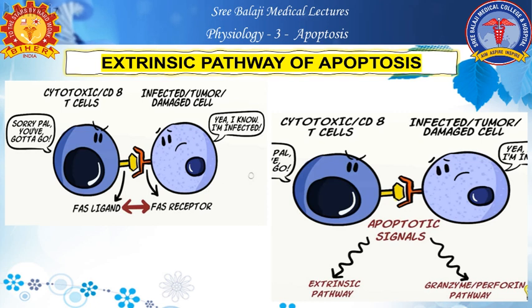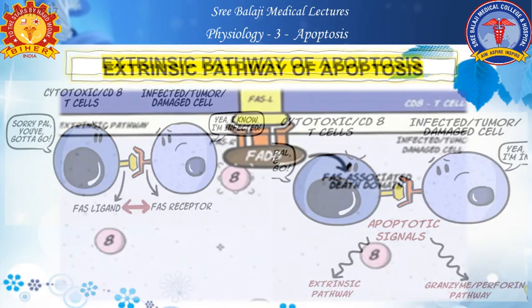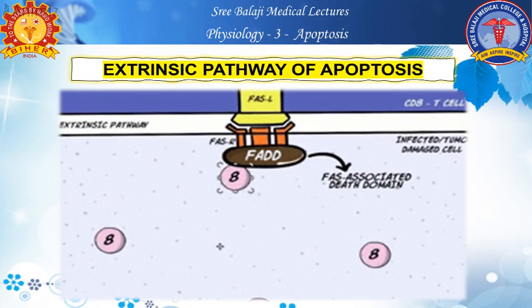The extrinsic mechanism of apoptosis takes place as follows. The Fas ligand of the T cell and the Fas receptor of the infected tumor cell, once they bind, activate a death domain called FADD, Fas-associated death domain.